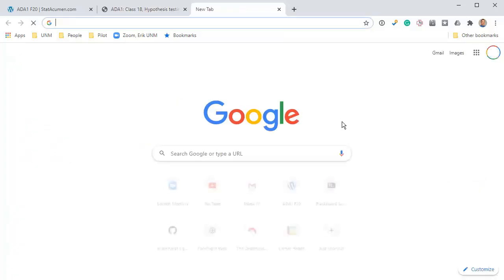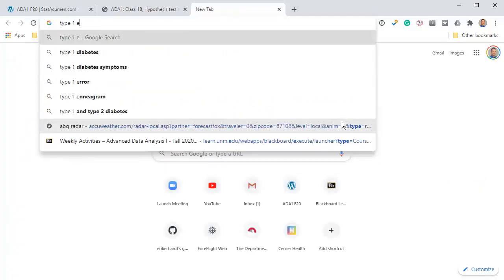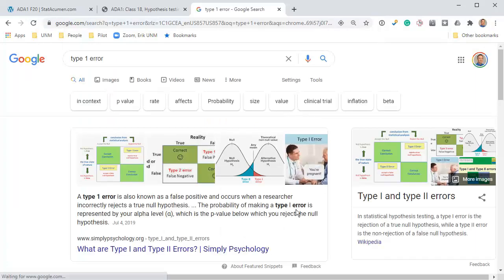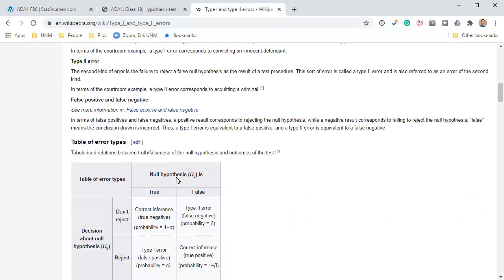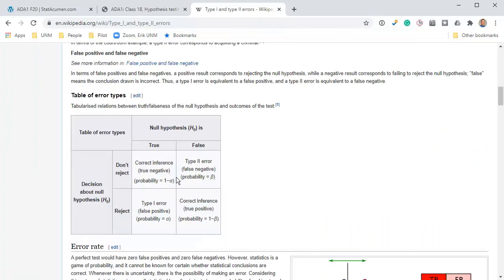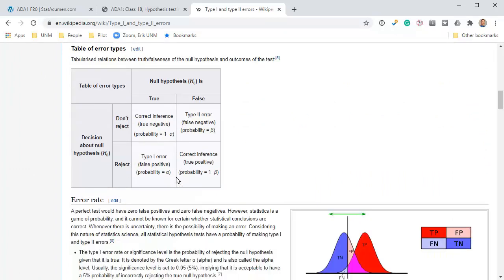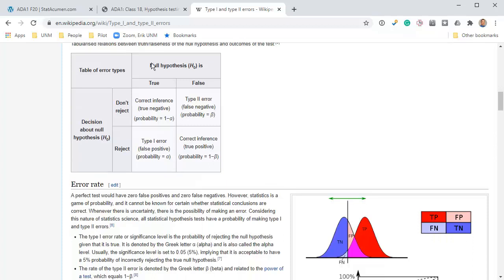Okay, so you'll recall, I should probably just do this from my lecture notes. Okay, this table is pretty good.